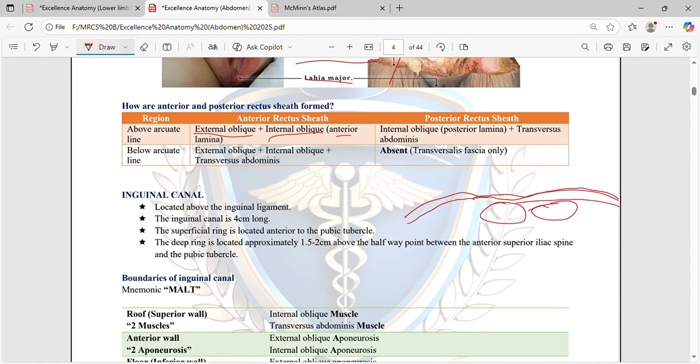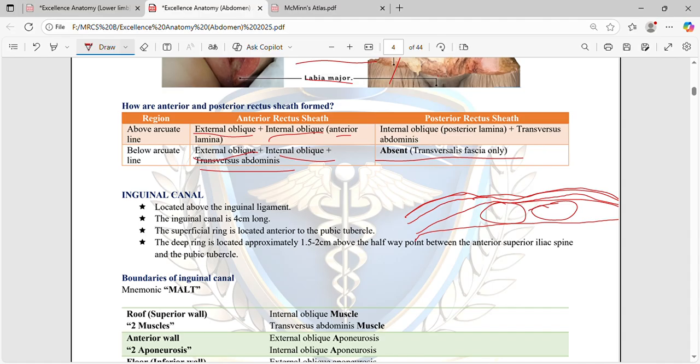The transversus abdominis also goes in front. Here we have only the transversalis fascia. So the external oblique, internal oblique, and transversus abdominis go in front, and the posterior layer is absent. We have only the transversalis fascia. So this is the difference, and this is very important.